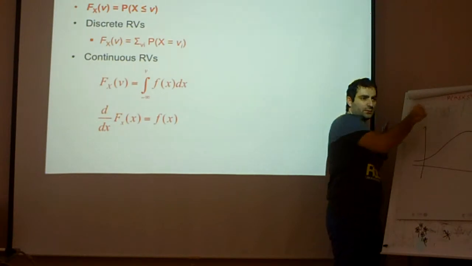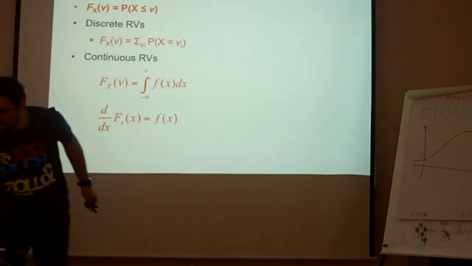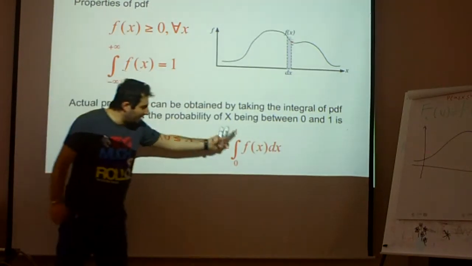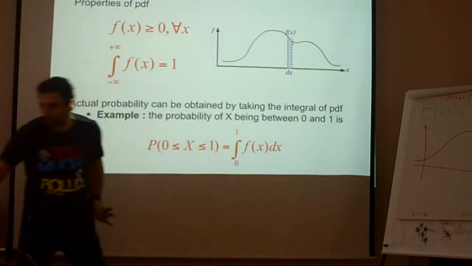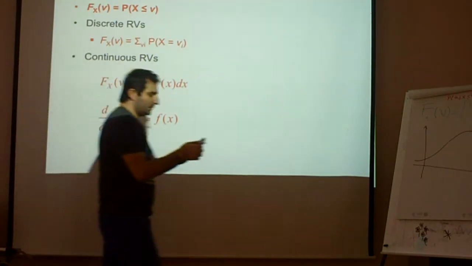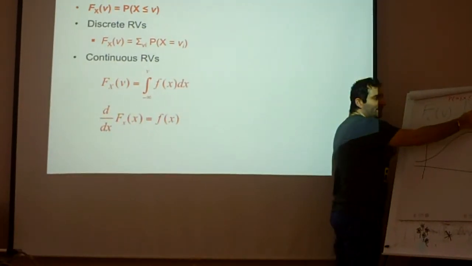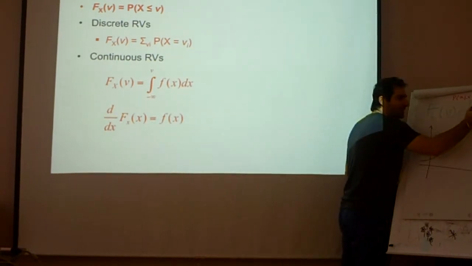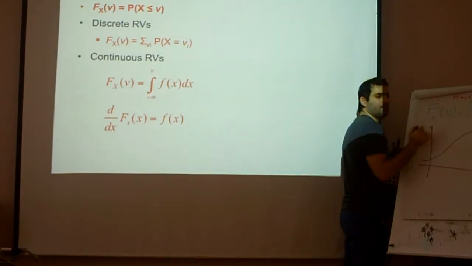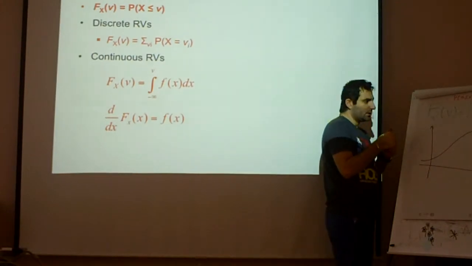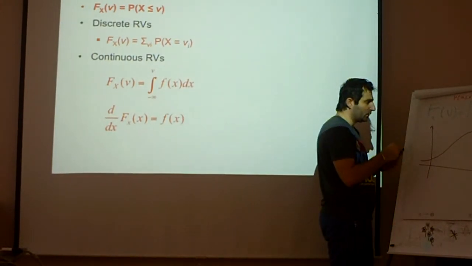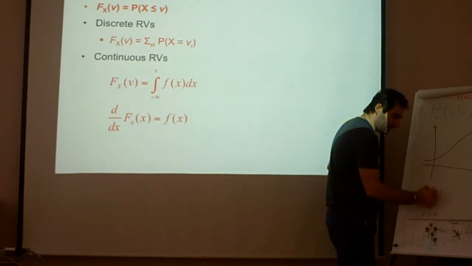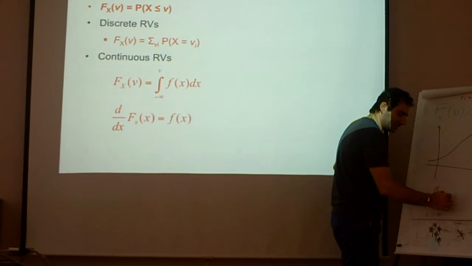Right, Anas? You remember it? In the previous slide, we said the probability between a and b is this integral from a to b. Now, the probability of x less than b means that x is between minus infinity and b. So it is equal to the integral from minus infinity to b of fx dx.